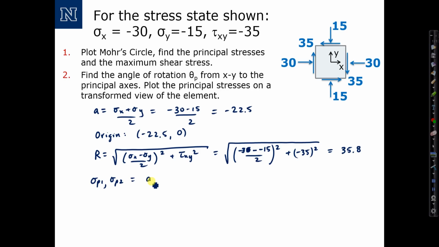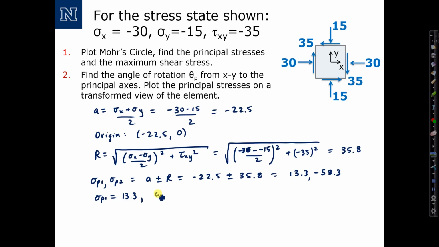We compute the principal stresses, sigma p1 and sigma p2. They can be computed as A plus or minus r, negative 22.5 plus or minus 35.8. That gives us two values, 13.3 and negative 58.3. We interpret the most positive one as principal stress 1, so sigma p1 equals 13.3.